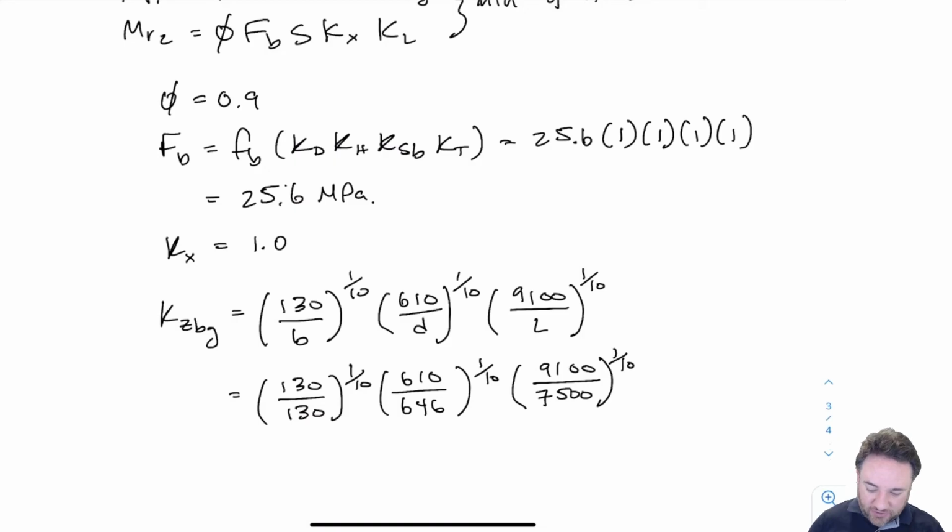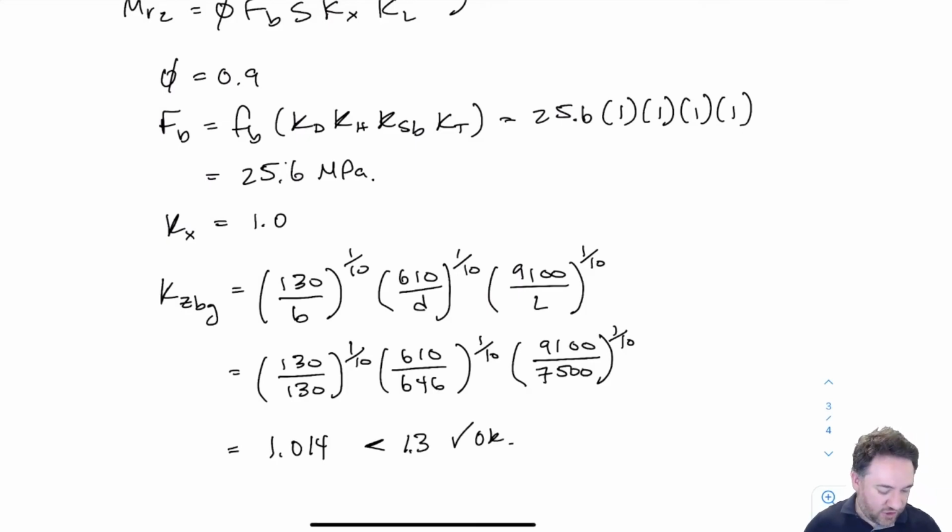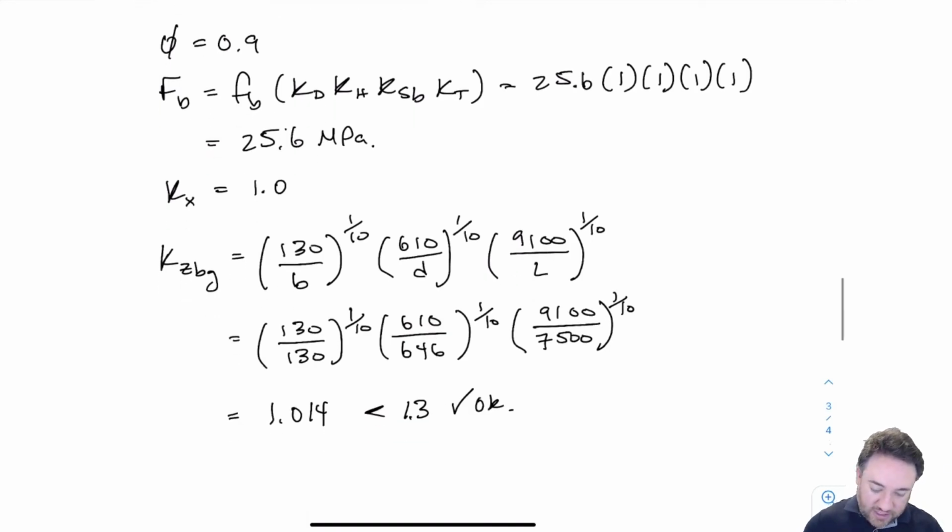So we have here a 130 by 646 by 7500. So we should expect our KZbg to be pretty close to 1, and it turns out that it is. It's 1.014. This must be less than 1.3, which it is. So we're okay. We're not going to cap it off at 1.3. Okay, so that's our KZbg.